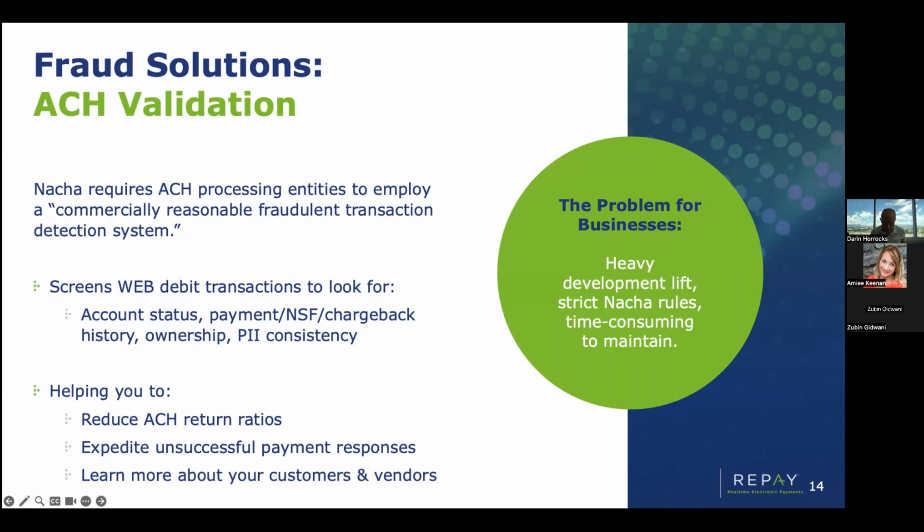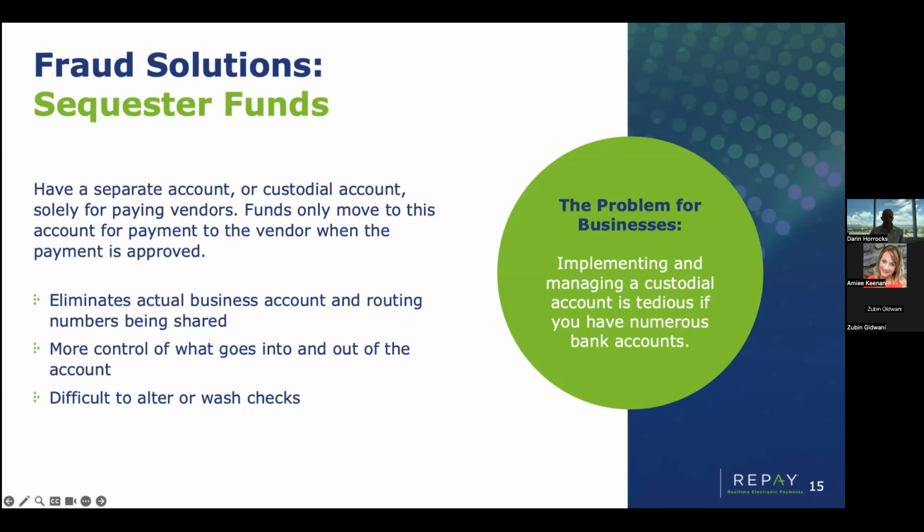Next, the other thing companies should consider is if you're going to send checks in particular, but actually making vendor payments, considering sequestering the funds outside of your normal operating bank account. If you're writing a check on your operating bank account where all of your funds exist, you've now exposed that banking information effectively to the public, right?